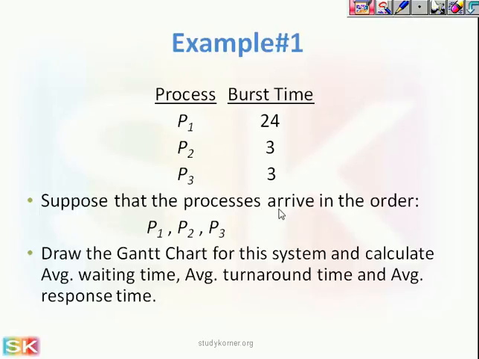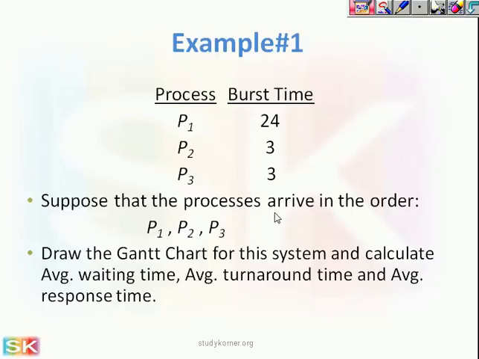The point here to note is processes are arriving in the order P1, P2, P3 and their arrival time is not given explicitly. So we are assuming that their arrival time is almost 0.